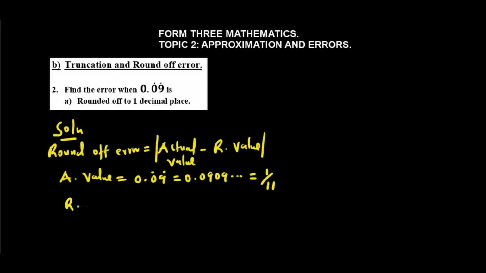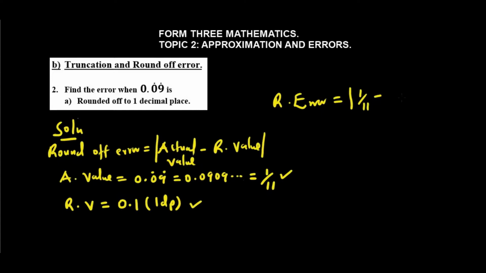The rounded value would be given as 0.1. Remember, we are rounding off 0.0909 to one decimal place. So that is the value expressed to one decimal place. So finally, the error we're looking for, that is the round off error, is therefore obtained as the absolute value of the actual value which we had as 1/11 minus the rounded off value which is 0.1.